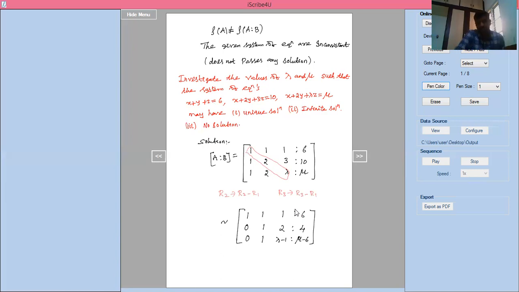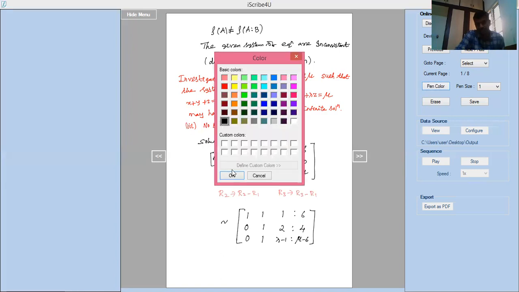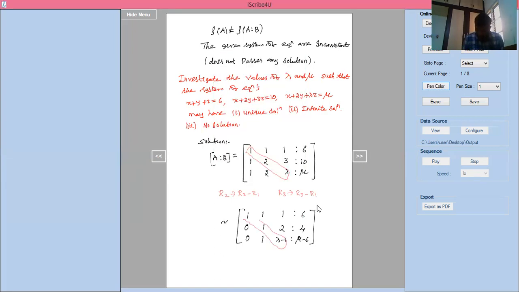Next, similarly, we identify the principal diagonal element, and below the principal diagonal element we have to make 0. Below the principal diagonal element, this 1 is there. This 1 I have to make 0. For that, I write R3 implies R3 minus R2.